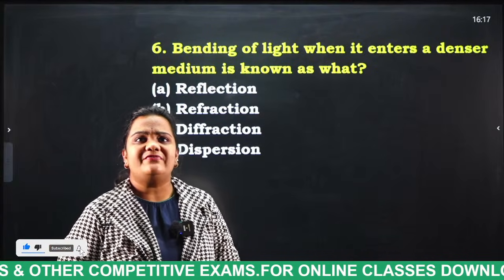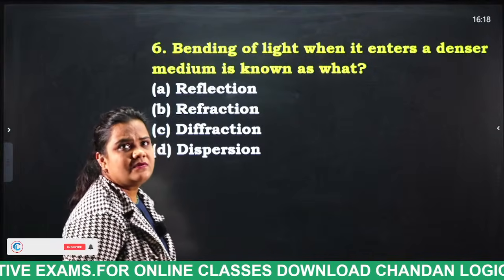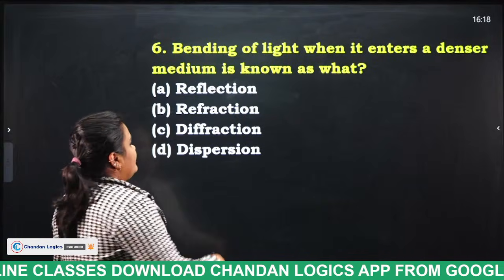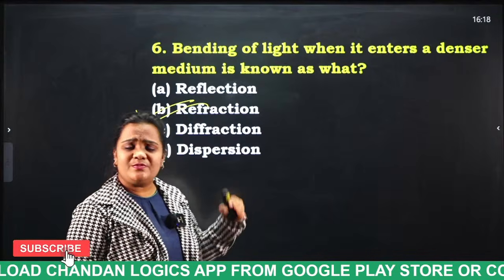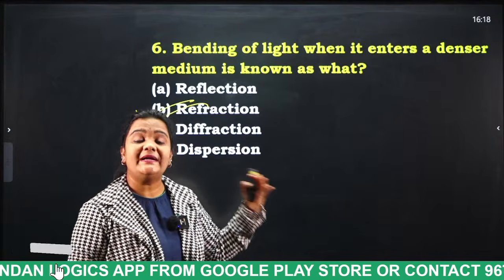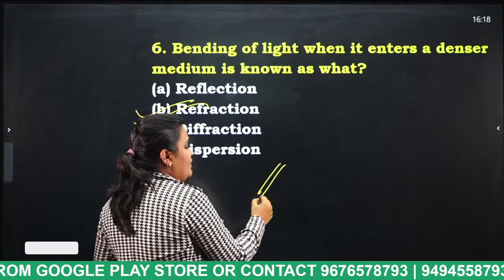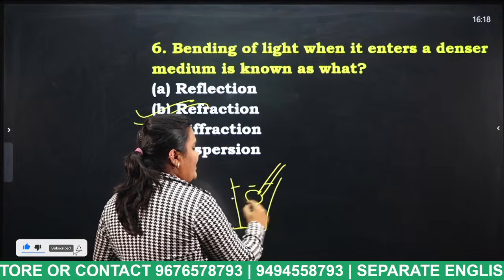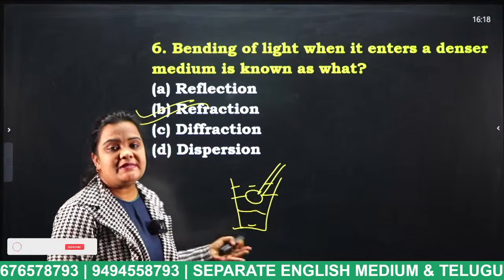What is the answer for this question? Very good, students. Bending of light. What is this? Refraction. I have explained this almost hundreds of times. When you observe a spoon in a glass of water, outside the glass it appears straight.